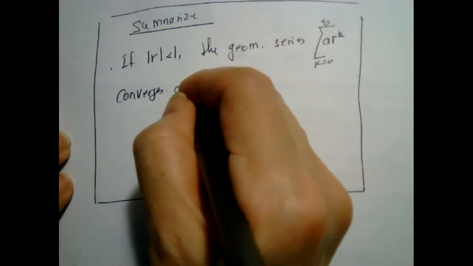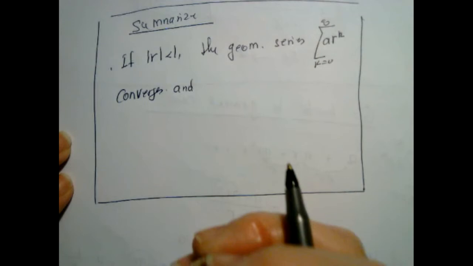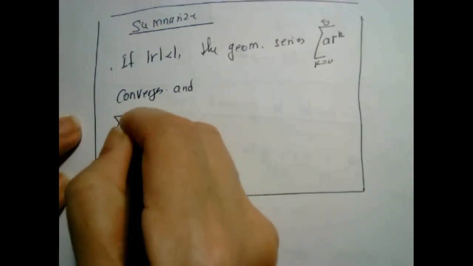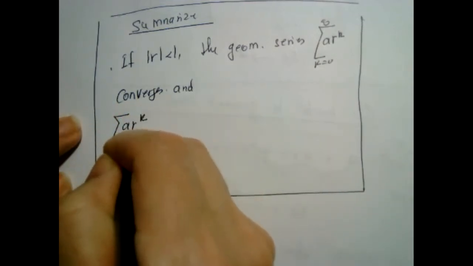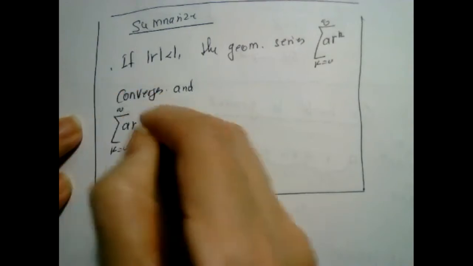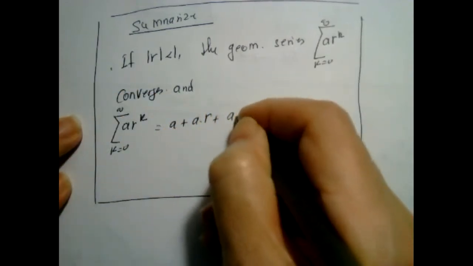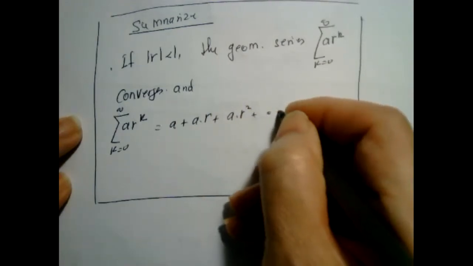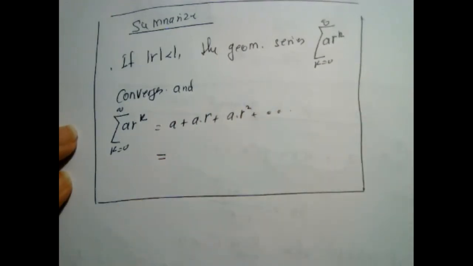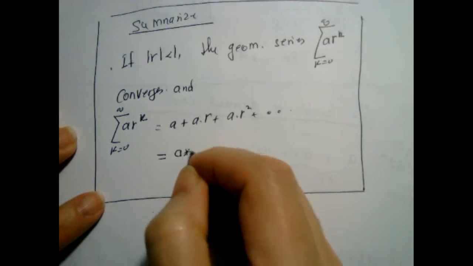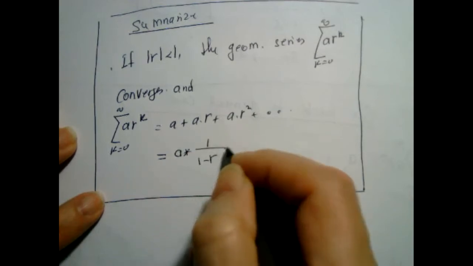And not only does it converge, we know what the sums become close to. The sum a plus a times r plus a r squared and so on is equal to a times 1 over 1 minus r.